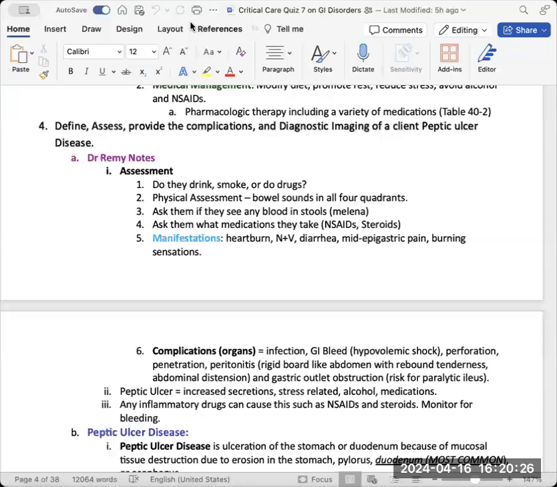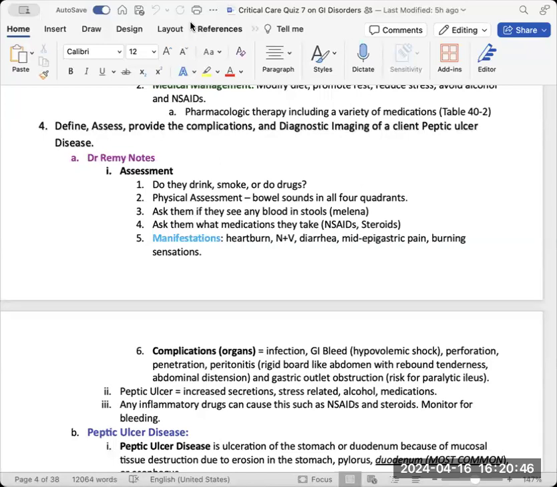So we should be looking for any sort of bleeding or signs of bleeding. We have to look for signs of ulcerations, right? Potentially peritonitis and even gastric outlet obstruction, or just things being built up in that GI tract and not really able to go. So we want to think about those things.